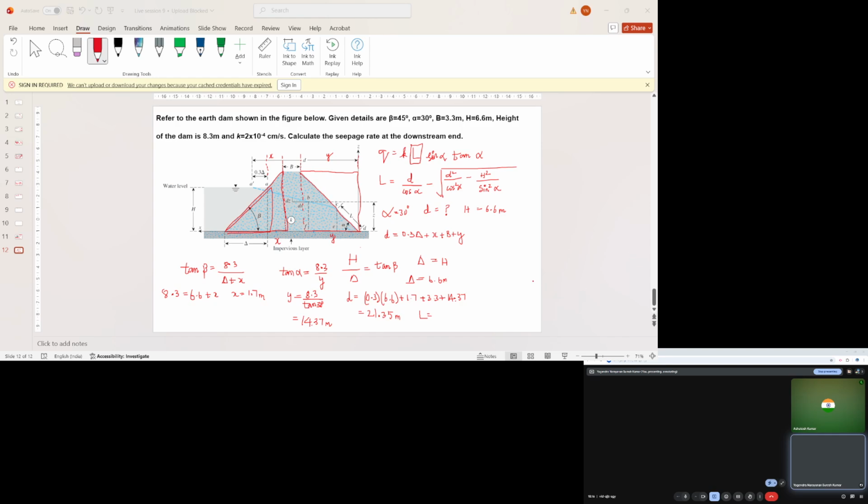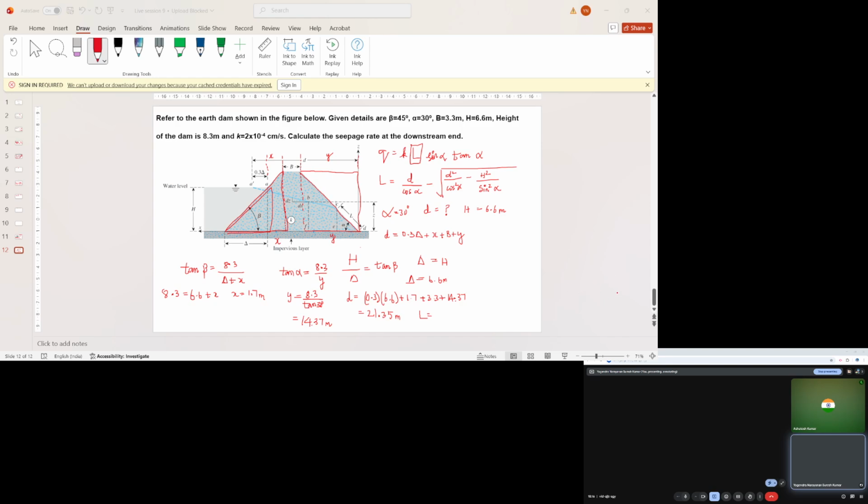How much per day? Liters per day? 191 liters per day.